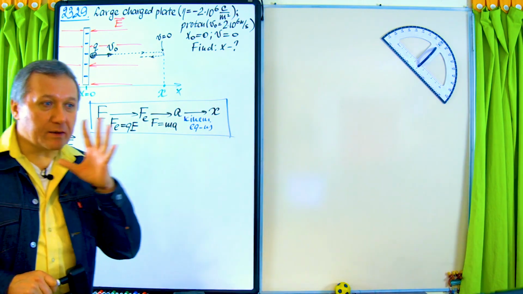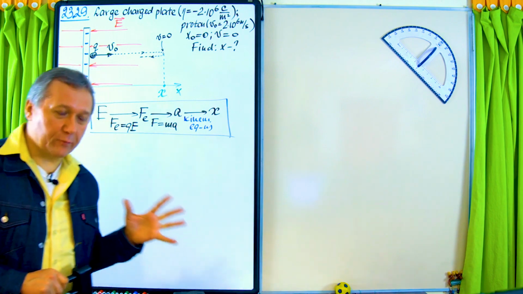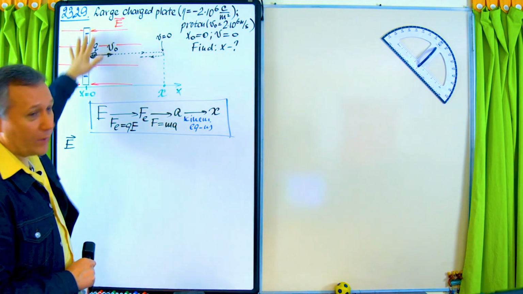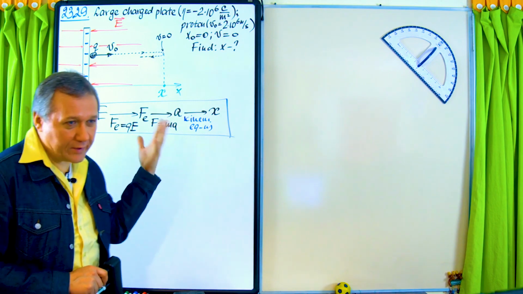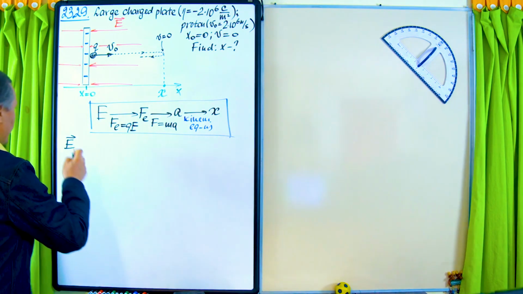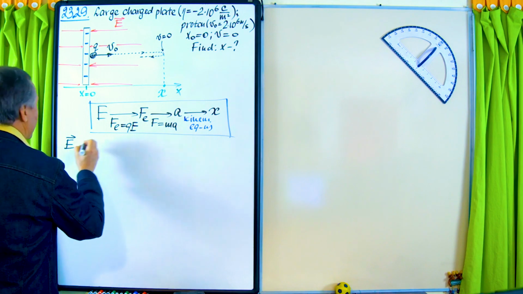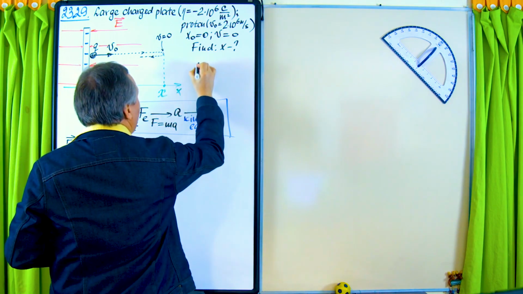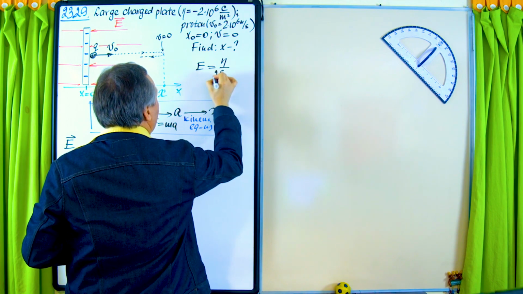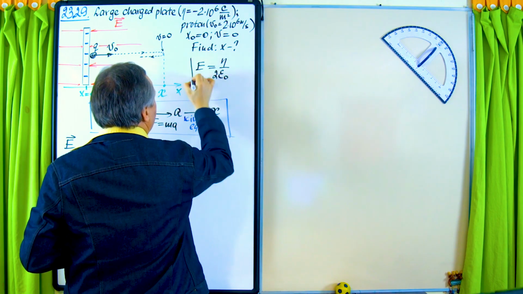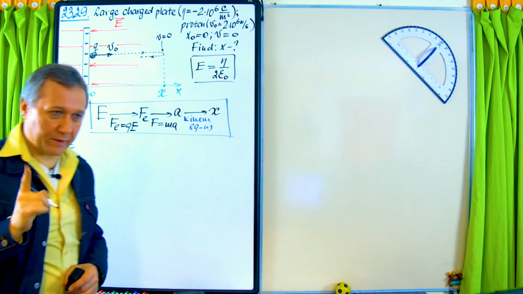Tomorrow we will derive the formula for the electric field created by this charged surface. So right now I will just write down the expression. It's the magnitude: the surface charge density divided by 2 epsilon naught. Tomorrow we will derive it.